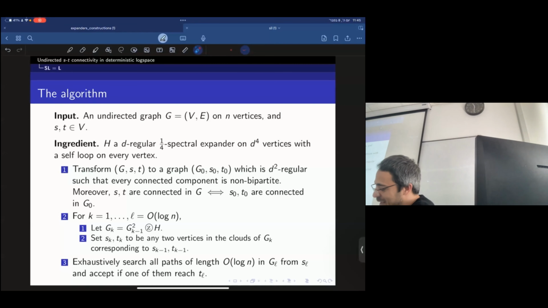So we are given an undirected graph on n vertices and 2 vertices, right? When I say we are given an undirected graph, what I really mean, let's specify, is that we are given an algorithm that computes the edge rotation map.